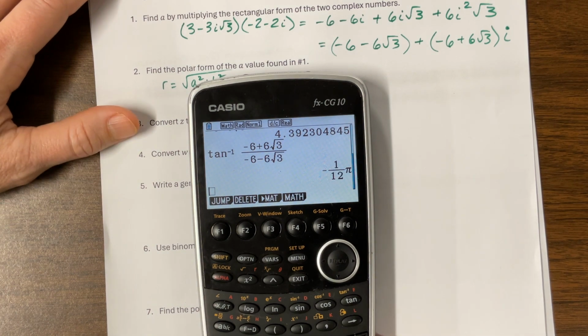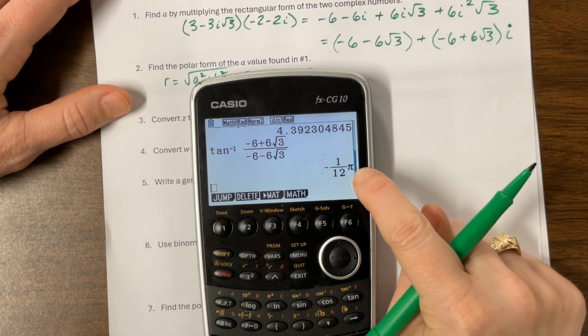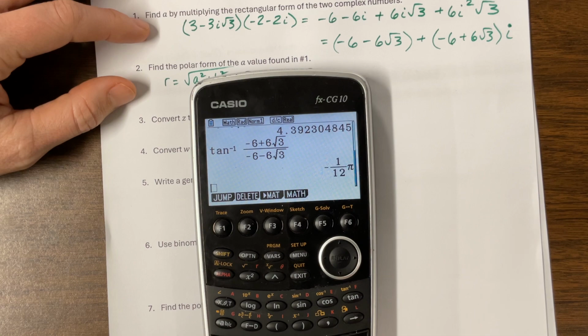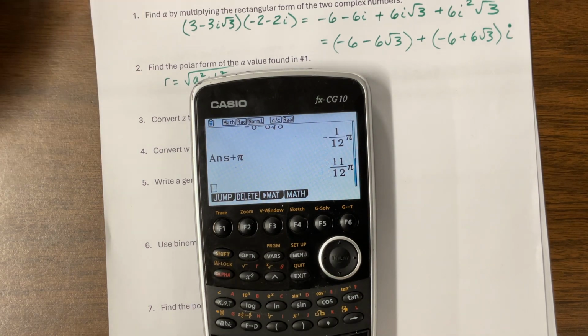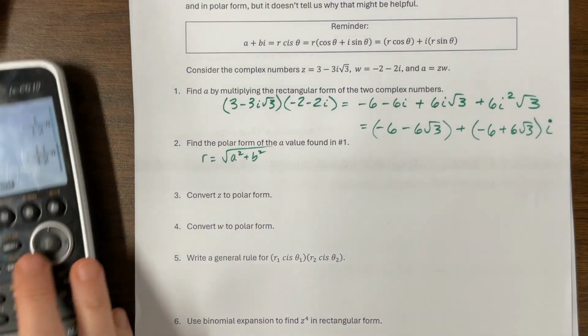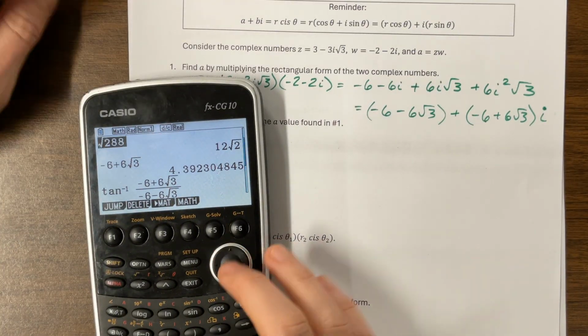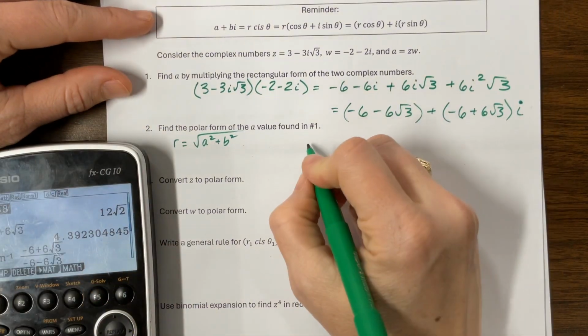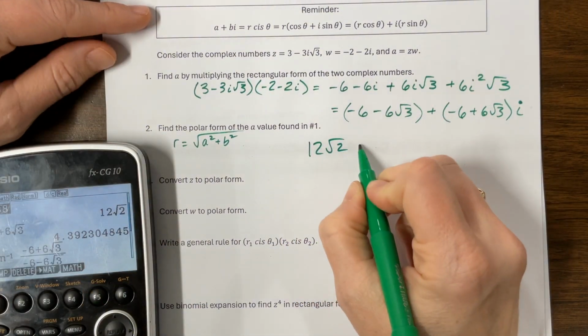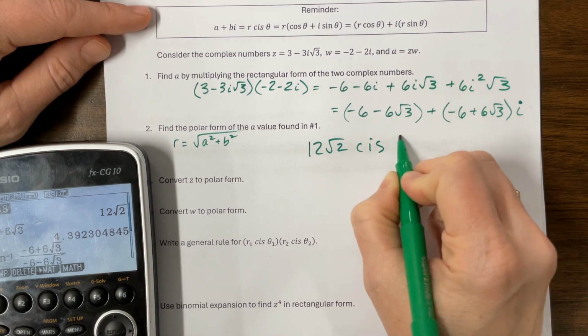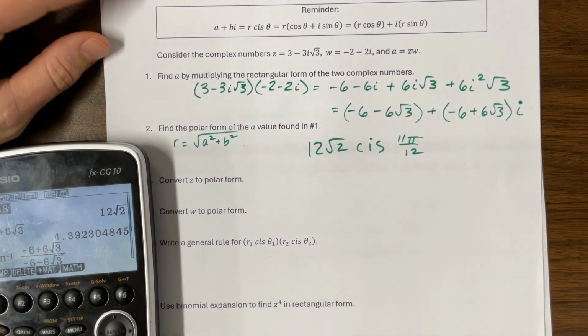Oh, fantastic. But because this is in quadrant 4 and I knew that I wanted it to be in quadrant 2, I have to add pi. 11 pi over 12. Okay, so, oh my goodness. What did we just find? Oh, I forgot to write it down. We found that our radius is 12 root 2 and our angle would be, so we can say cis 11 pi over 12. Oh, goodness.